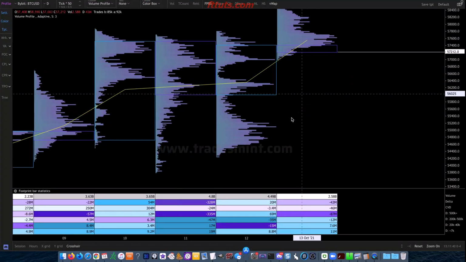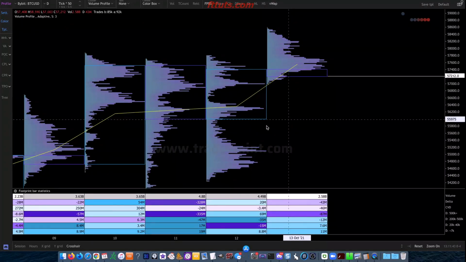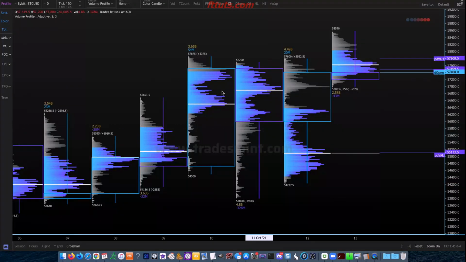This is the type of chart that I use when I am doing my naked daily point of controls. I have a volume profile. I have the value area turned on. You could turn it off so that you don't see it anymore, but I turn it on. I keep my point of controls turned on. This is how you can customize your chart, whether you want to be doing TPO or volume profile or stuff like that.